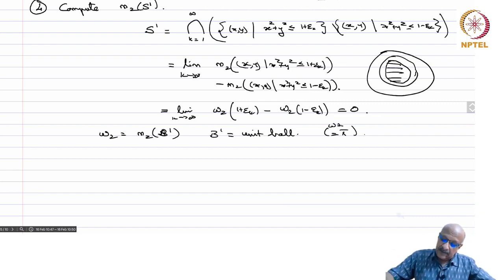This is in the assignment. You can prove that if you're given the measure of the unit ball, then the measure of the ball of radius r is nothing but omega 2 times r square.